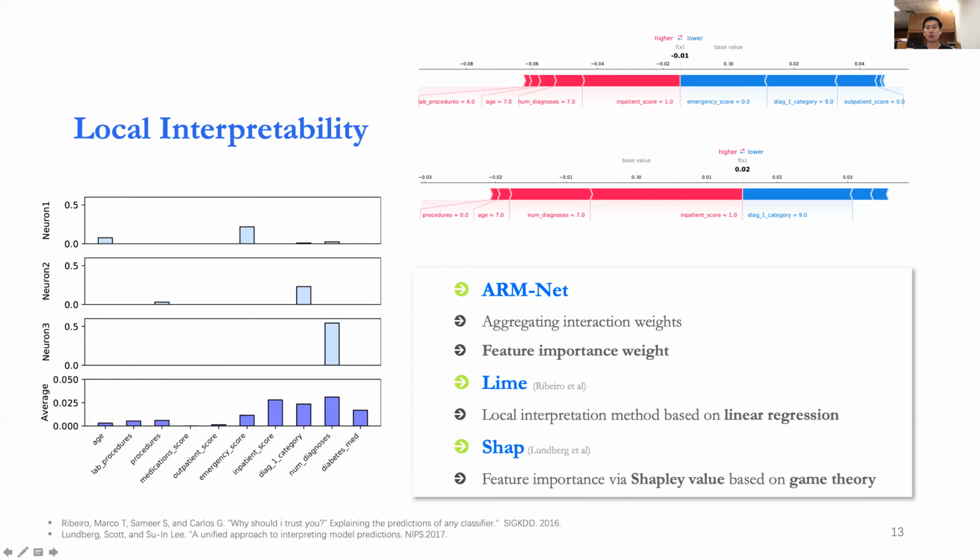And on the right panel, we also illustrate the local interpretation results of the two interpretation methods on the same patient, which basically shows similar results as our ARMNet. So these interpretation results confirm that ARMNet can inherently identify important features used in the relation modeling without resorting to external interpretation methods.